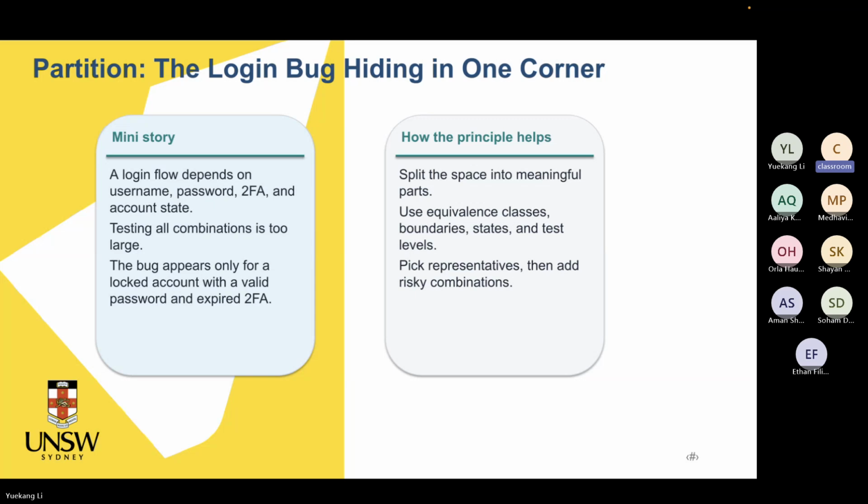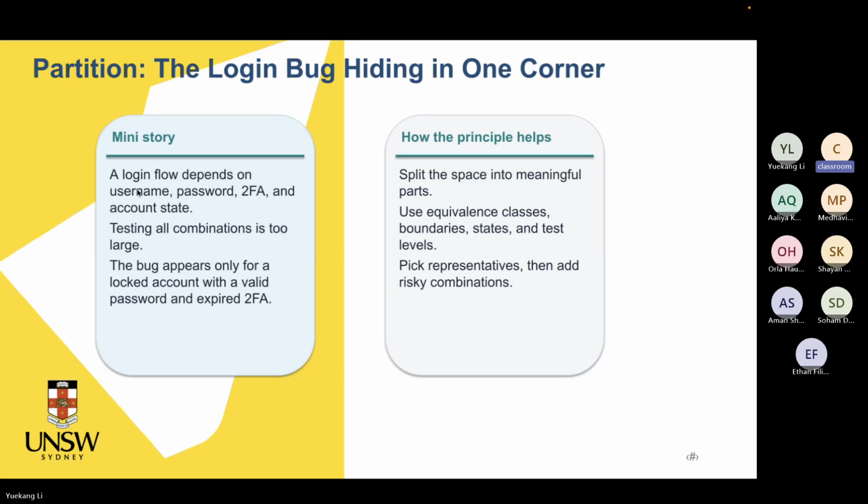We can try to group the inputs together. Maybe the username can be either valid or invalid. The password can either match or not match the username, right? The two-factor authentication code could be expired or not expired. And the account state could be locked or not locked.